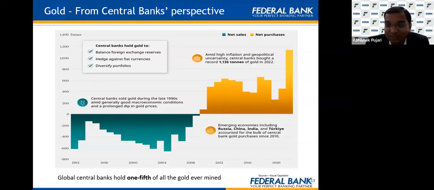And last year, all the central banks together bought 1136 tons of gold in 2022, which is the highest in the last 56 years. Emerging market economies like Russia, China, India, and Turkey are the largest purchasers of gold in this time frame. One fun fact here is all the global central banks put together hold roughly 1/5 of the total gold that has been mined till date.